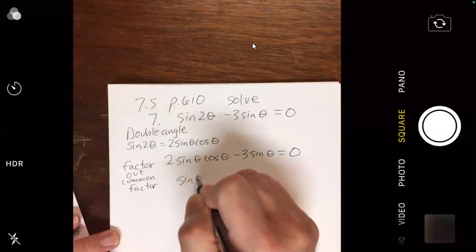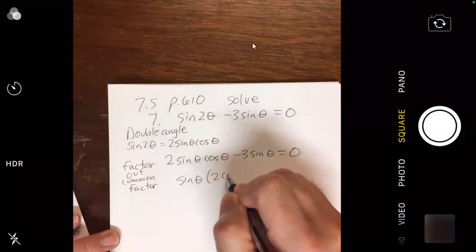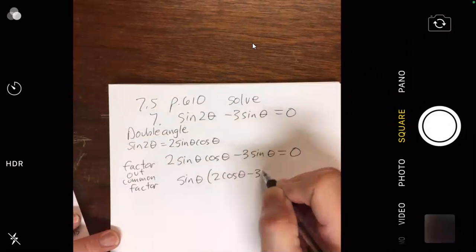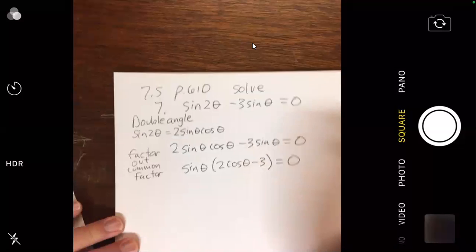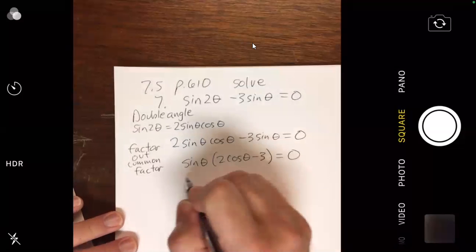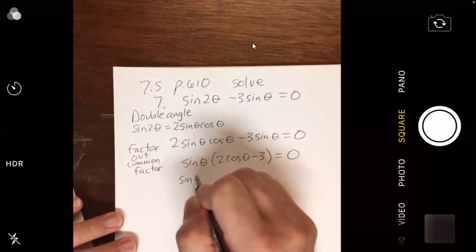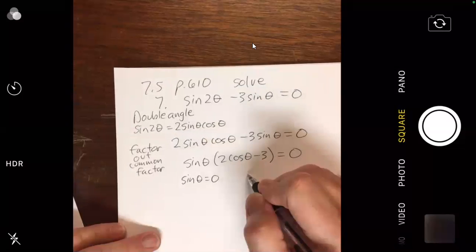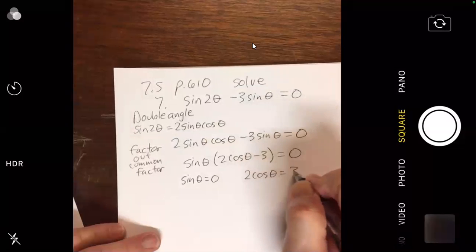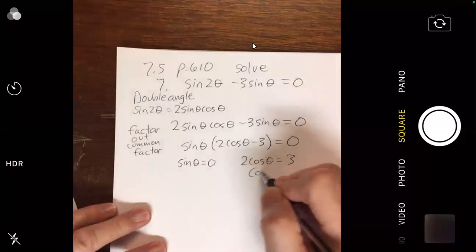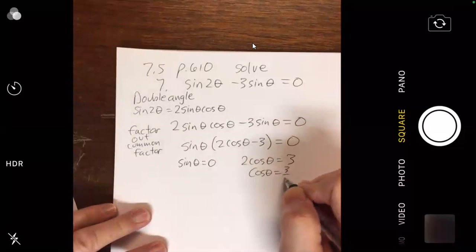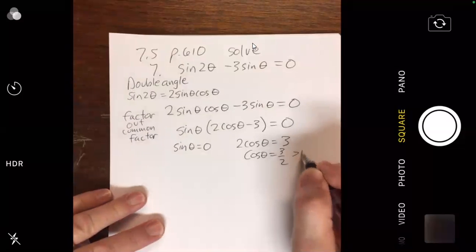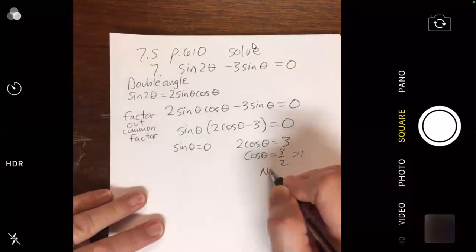Sine theta times twice cosine theta minus 3. This is going to give you sine theta equals 0. And 2 cosine theta will equal 3. Cosine theta would be 3/2. See, that's greater than 1. This has got no solution.